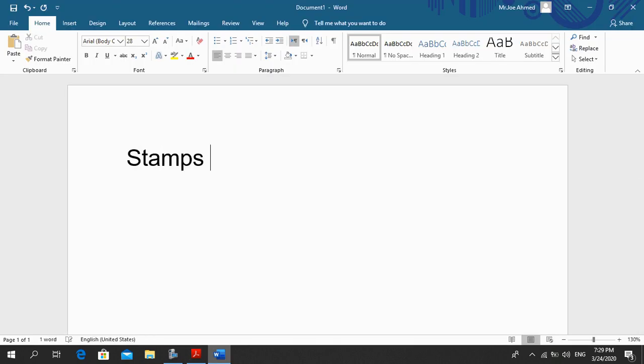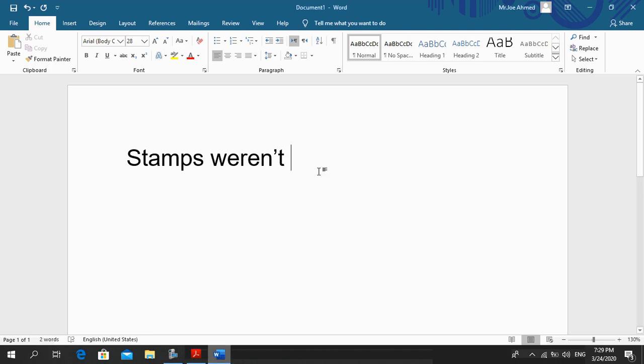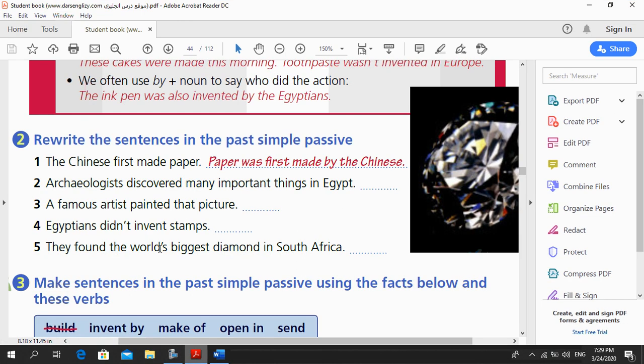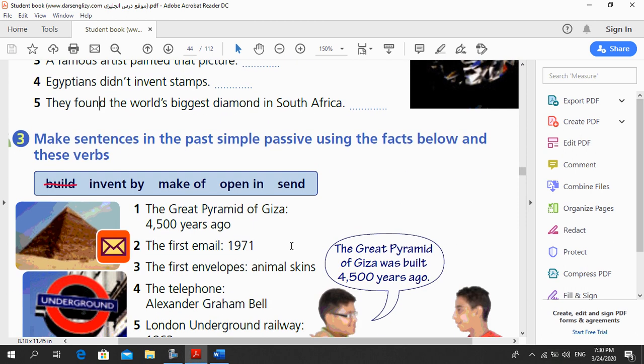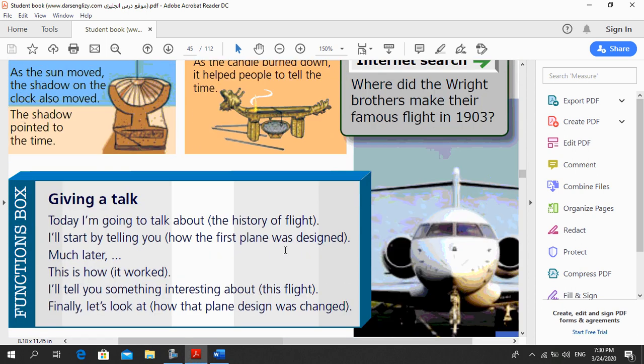Stamps weren't, what was the verb? Invented by Egyptians. You get the idea. They found the world's biggest diamond in South Africa. So the world's biggest diamond was found in South Africa. So you get the idea. It's super simple. When you want to highlight the object, you put it in the place of the subject.